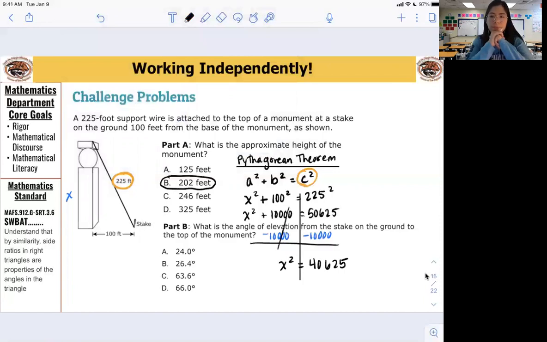This is squared, so I guess you have to square root. Good, you got it. Square root of both sides gives me my answer. So what is the square root of 40,625?